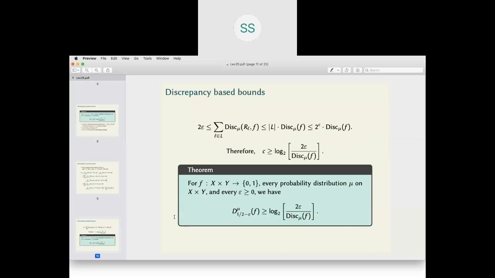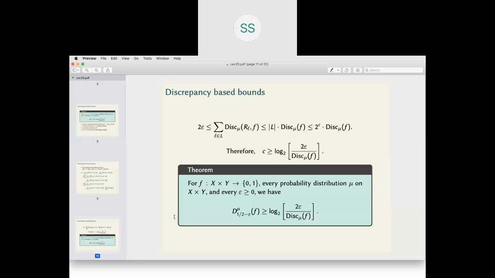C is at least log of 2 epsilon divided by the discrepancy. And if you just recall, C was chosen to be the distributional complexity of f with respect to the distribution mu, and the maximum allowed error is half minus epsilon. So if we just replace that, we get the theorem again.